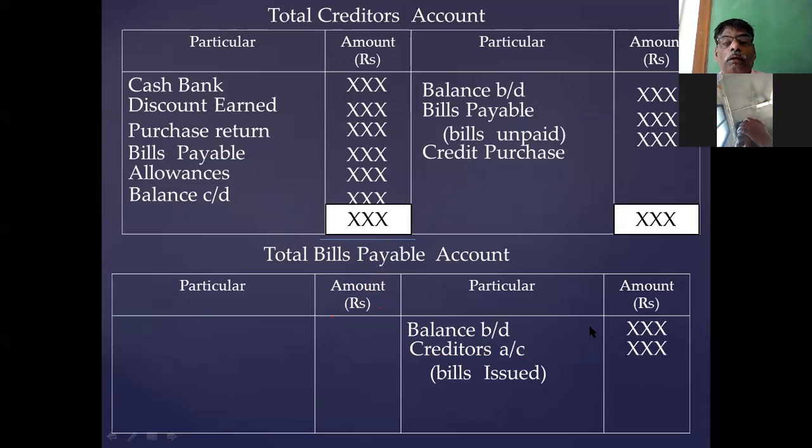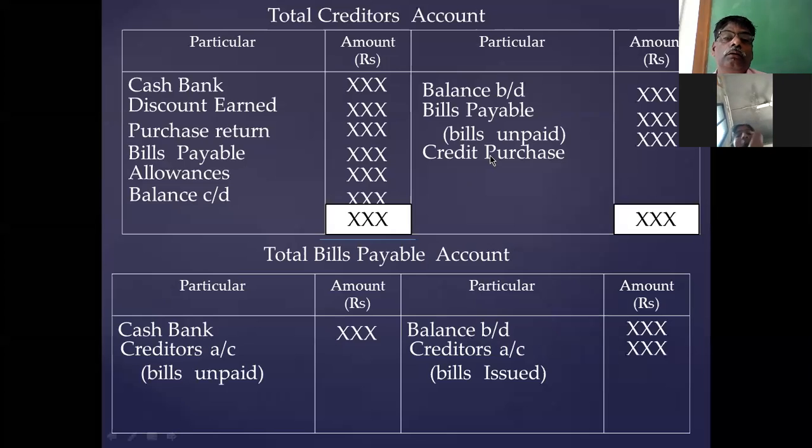Two items on the credit side. On the debit side, cash paid on bills payable, bills payable discharged, comes on the debit side. And bank means check issued for bills payable comes on the debit side.